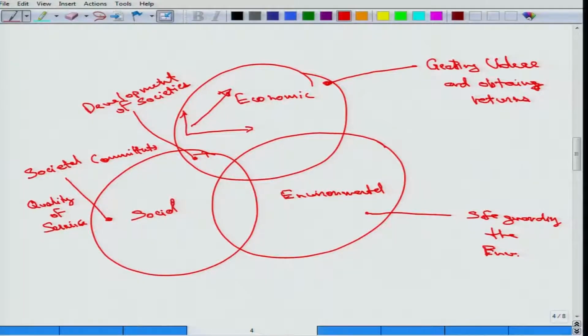And economic and environmental are more committed towards efficiency increase with waste reduction. Efficiency increase implies less energy.